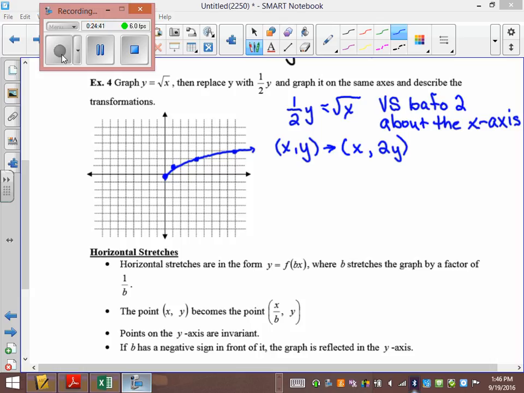So x is 0. 0 times 2 is 0. So that's going to stay the same. Then x is 1 and y is 1. So 1 times 2 is 2. So we need 1 and 2.